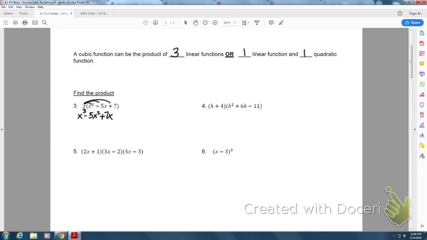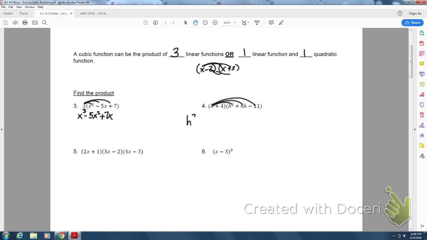Okay. Going to number 4. FOIL is an acronym that is specific to two binomials. But whenever you're doing a binomial and a trinomial, it's the same idea, just to the next degree, I guess you might say, or to the next level. So all I'll do is take that h and multiply it to all three terms over there.